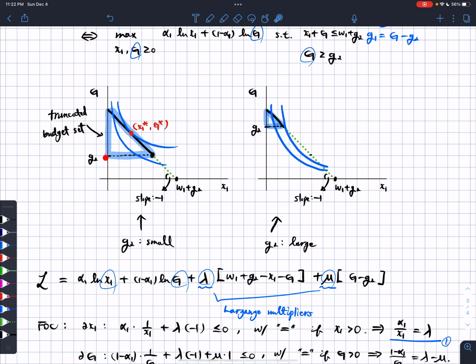Here, the condition that big G should be larger than or equal to G2 is not binding at the solution, but here it is, right? By the way, here I didn't indicate the solution, but this is the solution, right? So this one is x1 star and big G star.